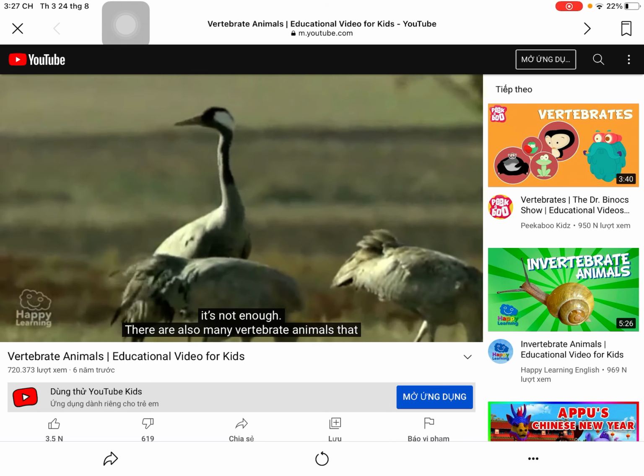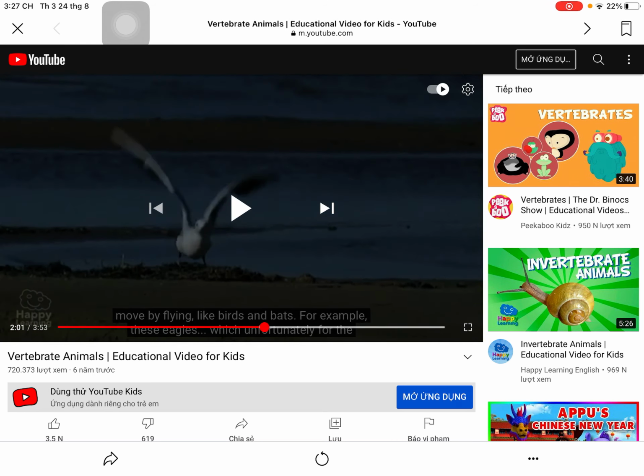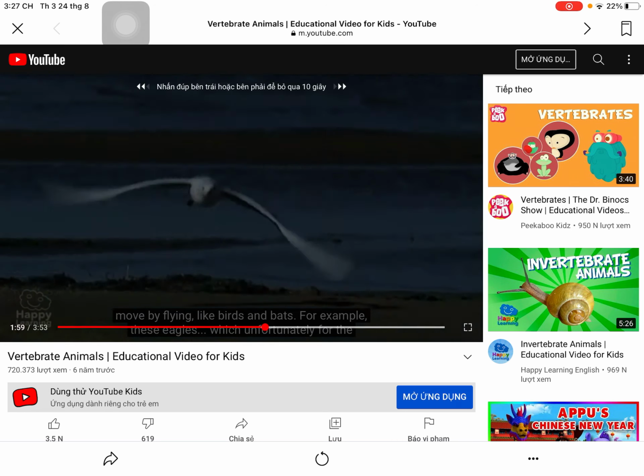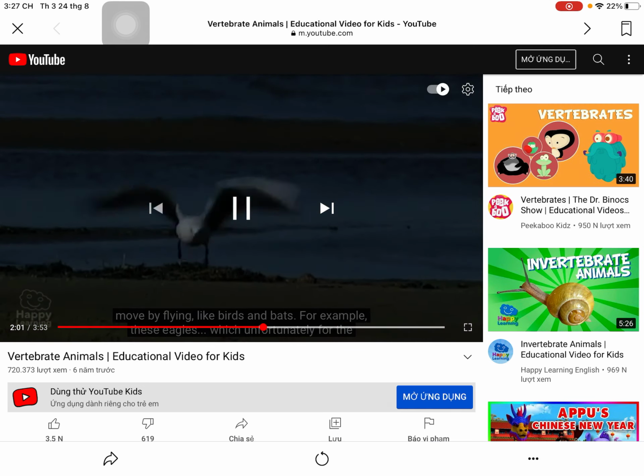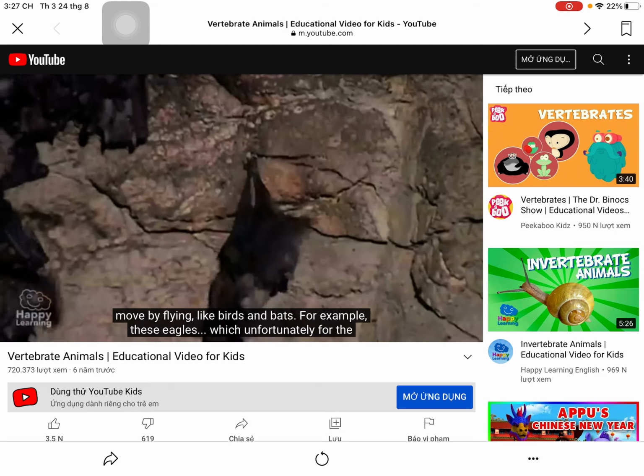There are also many vertebrate animals that move by flying, like birds and bats.